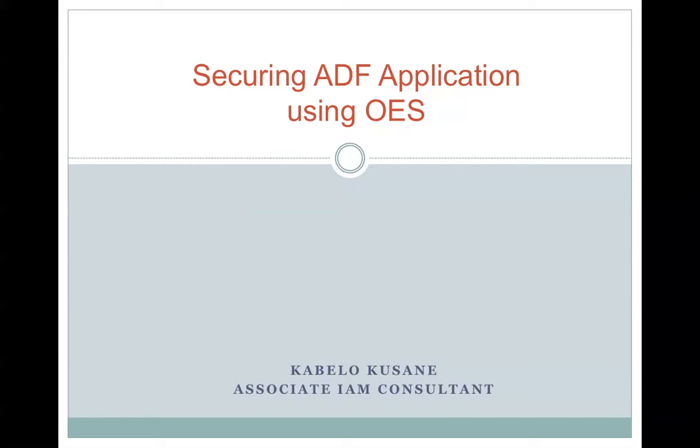In today's section, we're going to have a look at securing an ADF application using Oracle Entitlement 7. We will first look at an overview of the ADF application that we will attempt to secure.